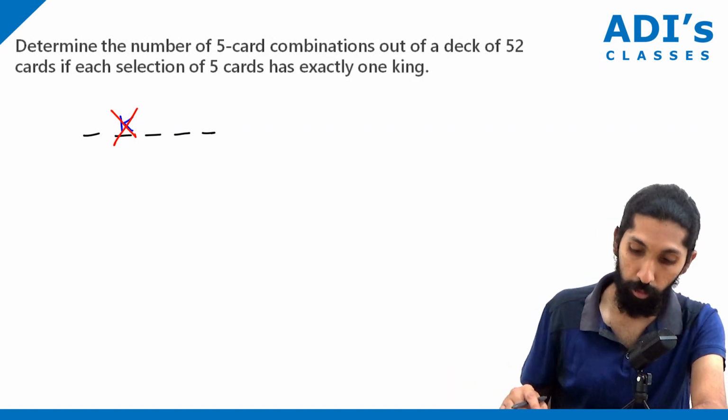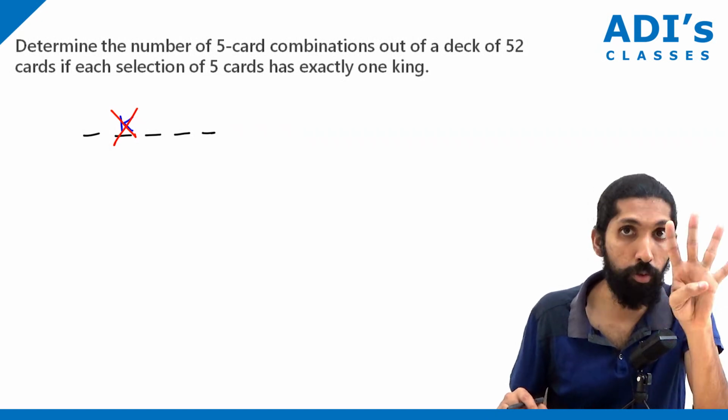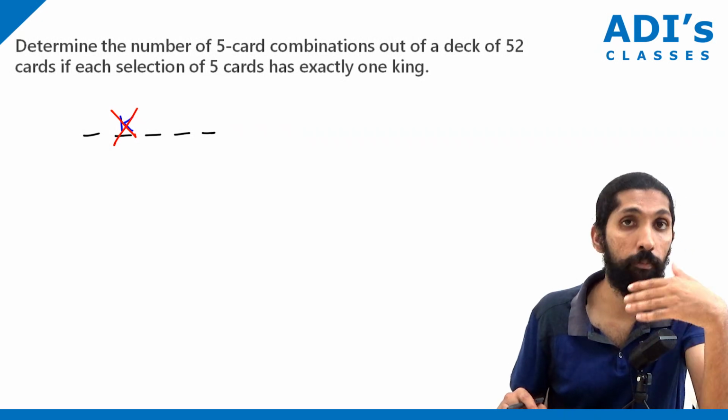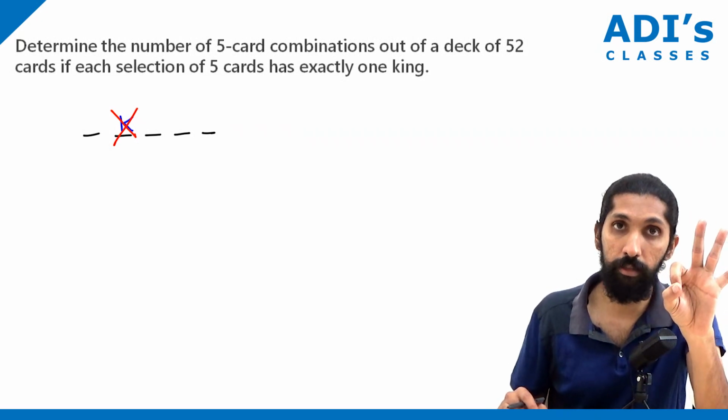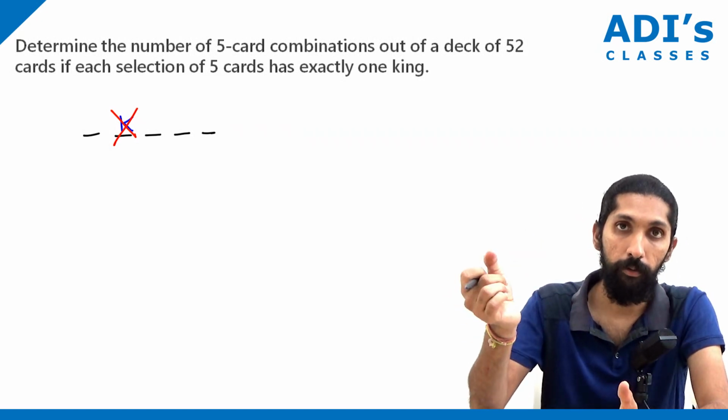So out of 52, there are 4 kings, correct? So 2 in the black, 2 in the red. So out of 4 kings, 1 king is gone. So how many kings are there? 3 kings are there. But can we take those 3 kings into even consideration? No, right?